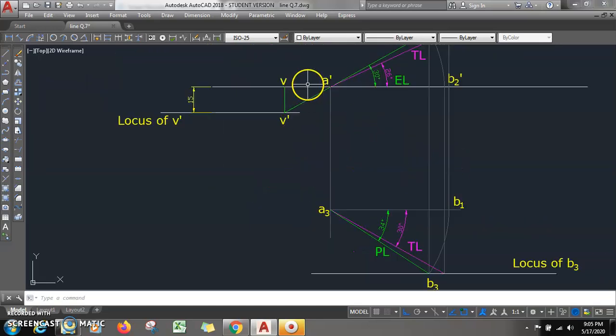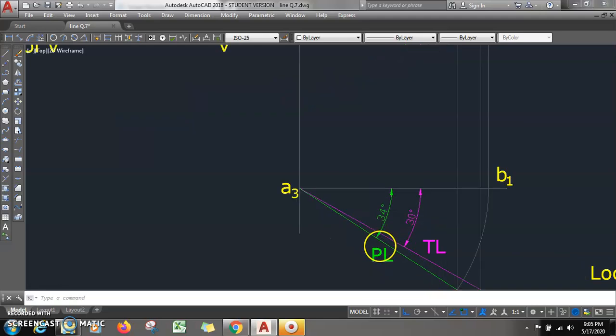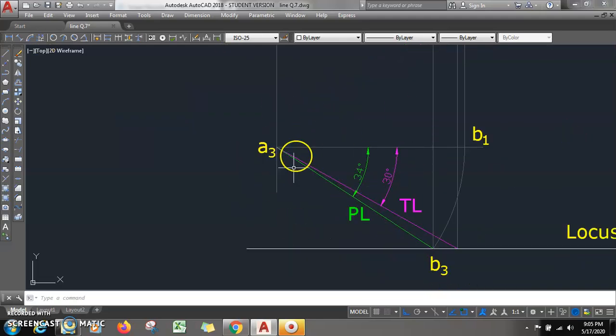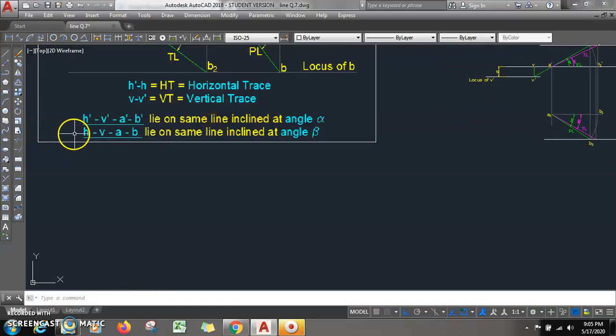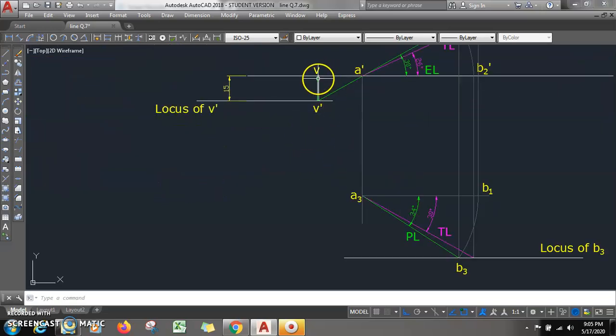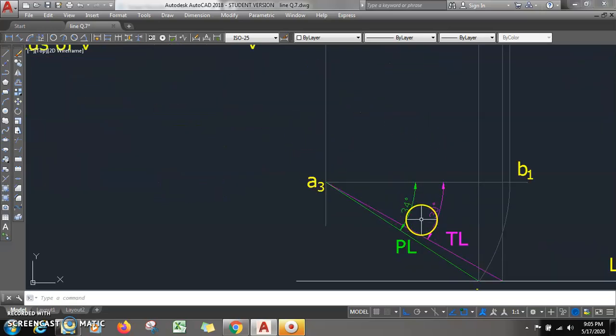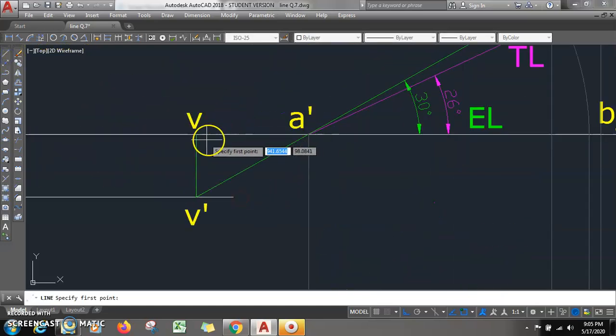ठीक है? What point V is there? V is here. This everything we followed to get beta, because we know that H, V, A, B, they lie on same line inclined at angle beta. ठीक है? So V में से पास होने वाला लाइन का एंगल कितना रहेगा? बीटा. So what we will do from point V, shift at the rate. ठीक है?